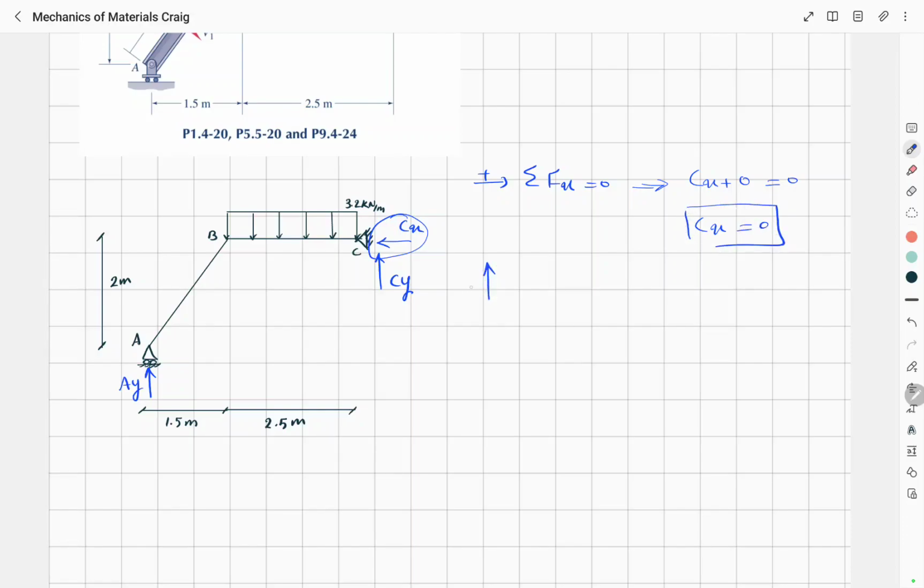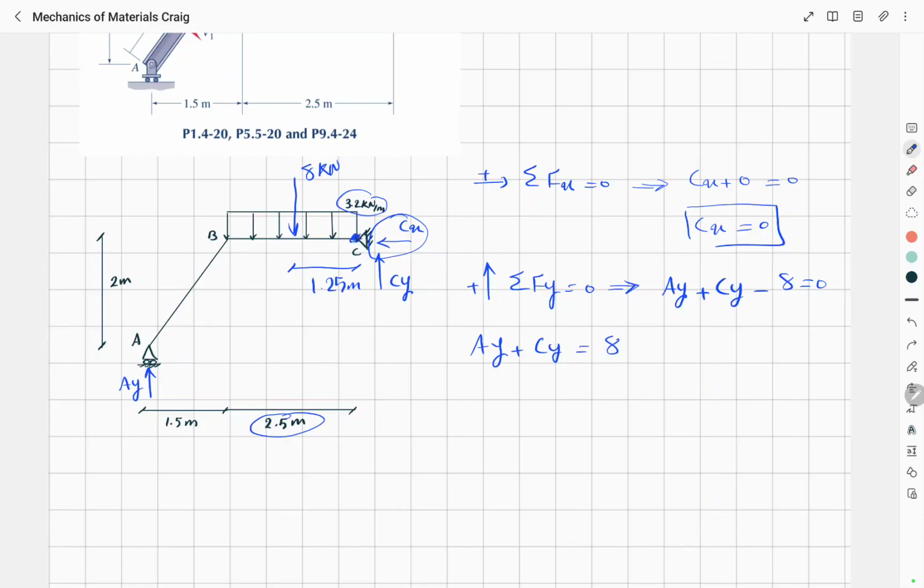In the y direction, we can write AY plus CY minus this 3.2 multiplied by 2 meter, which gives us a point load of 8 kilonewton at a distance of 1.25 meter. So this will be equal to 0. So AY plus CY is equal to 8.